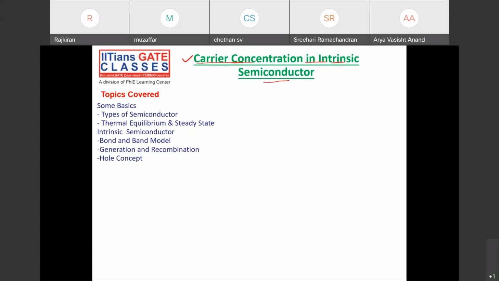We will try to analyze what an intrinsic semiconductor is. We will also try to get an expression for the number of carriers per centimeter cube.